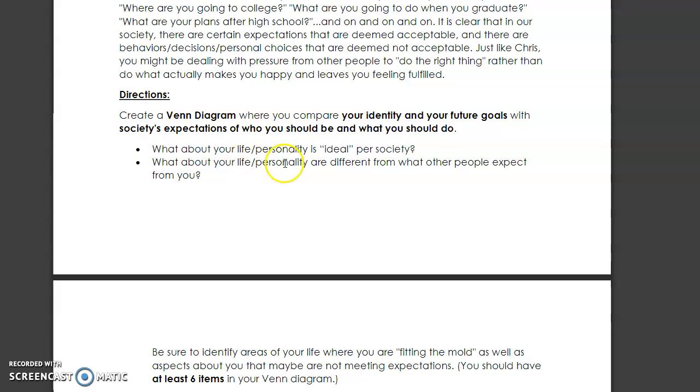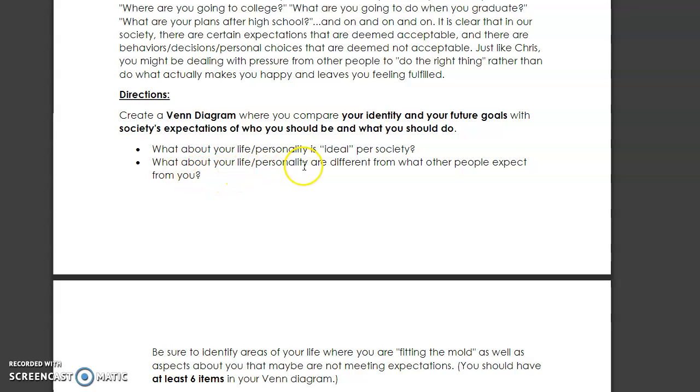What about your life or personality is ideal according to society? So for example, when I was in high school, I was a 4.0 almost student, or I would get the occasional B, but otherwise I got really good grades, and that was considered to be a good thing. But I didn't really care about grades, so that wasn't something that personally made me happy. It was just something that was expected of me.